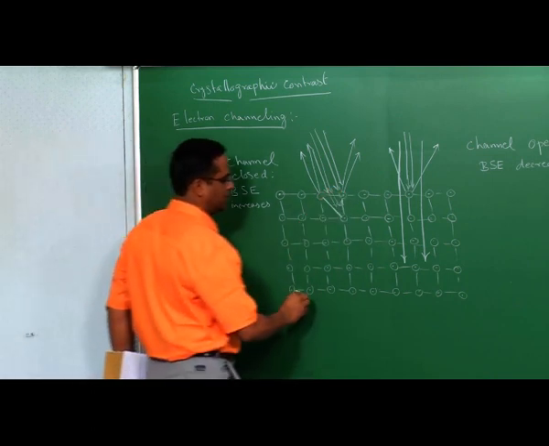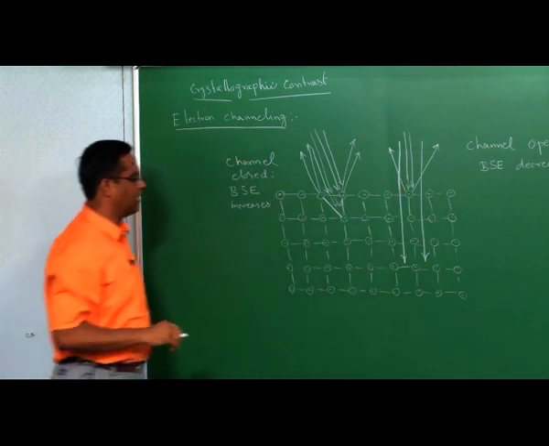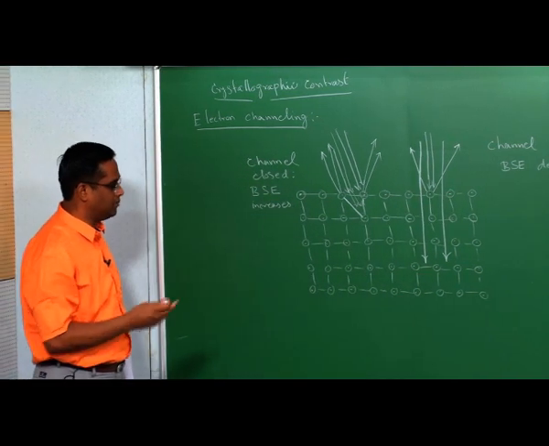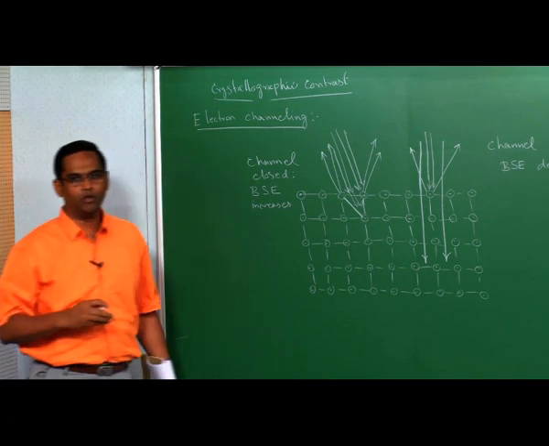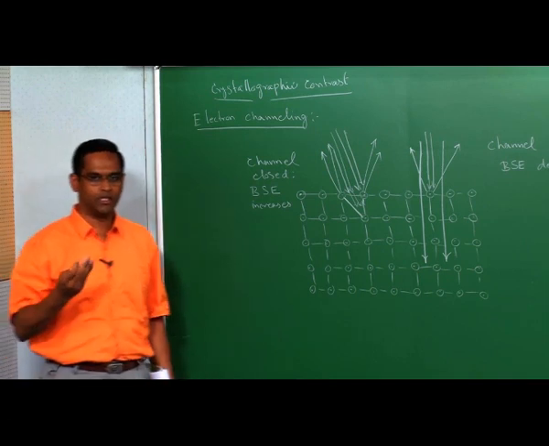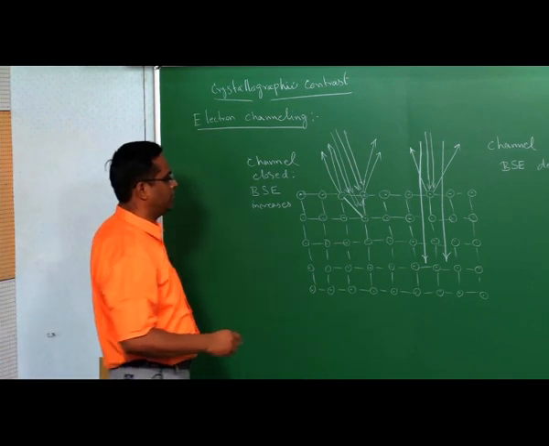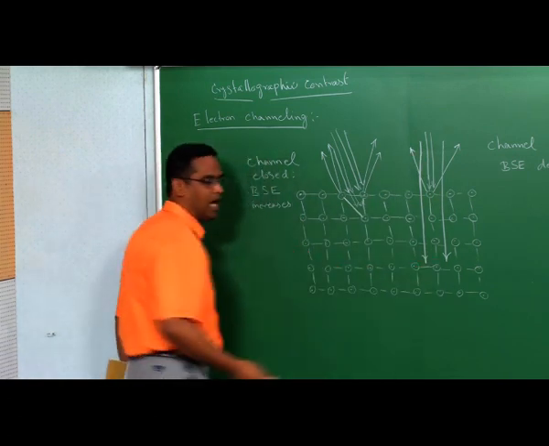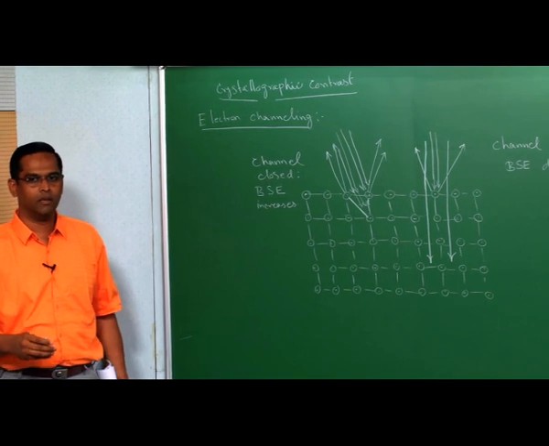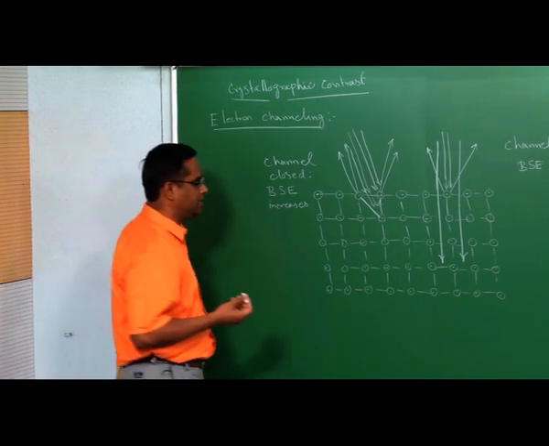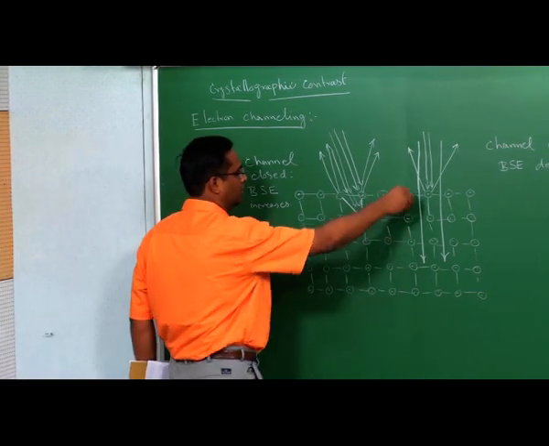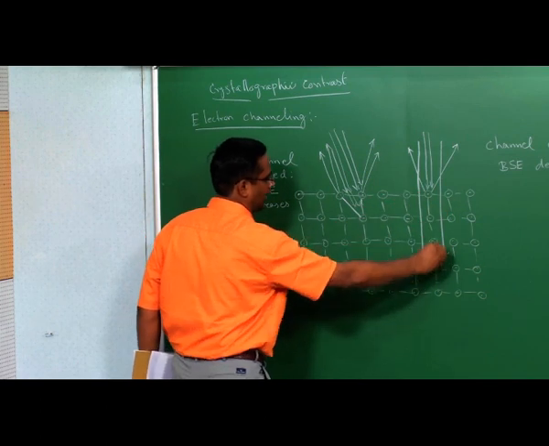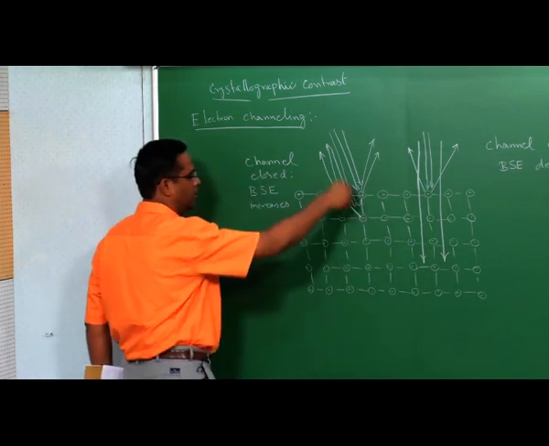Suppose you assume that this is an ordered alloy or ordered system like this, relative to the amorphous, which is always kept as a reference. Suppose the electron beam is able to pass through this path where you have the least resistance, that means the density of the atomic path is less here as compared to here.